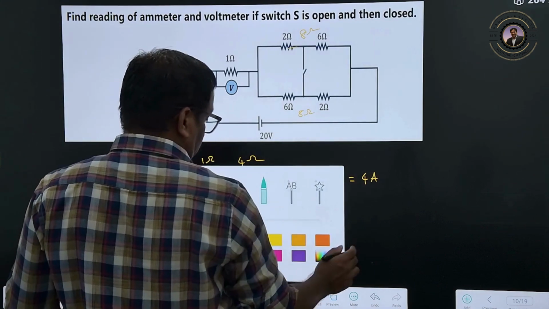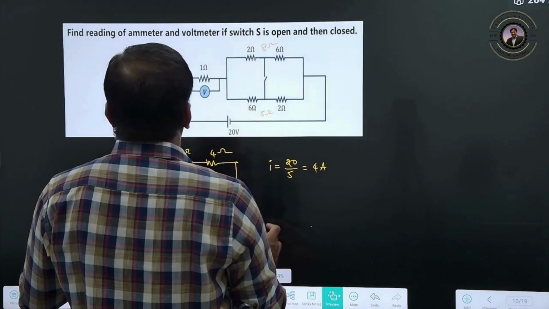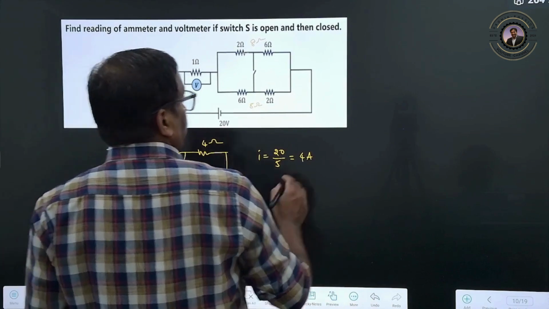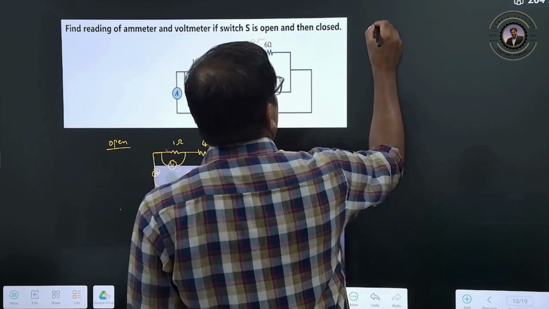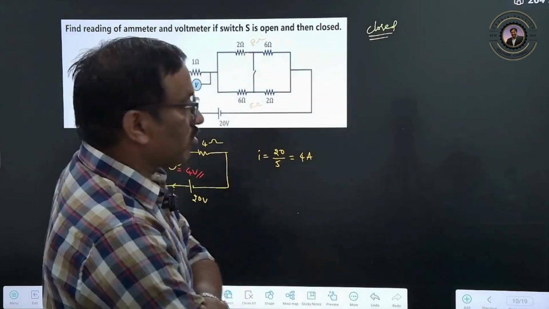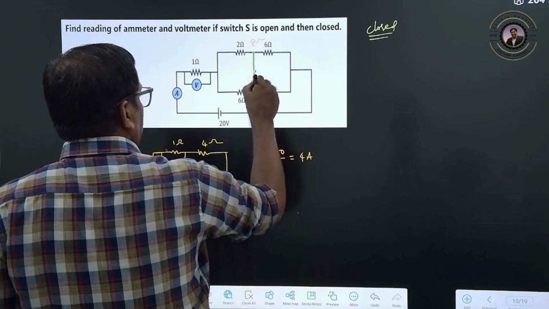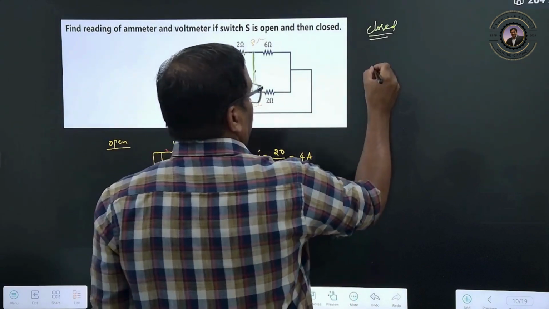Now if the switch is closed, what will happen? This becomes like a short circuit here. These two are connected at this point. So how will the circuit look now?